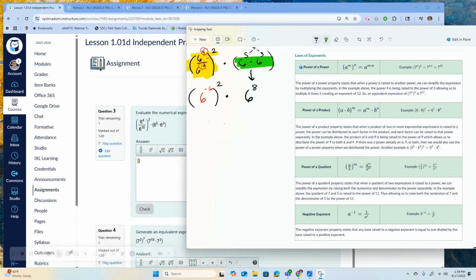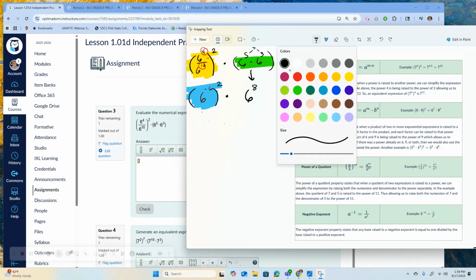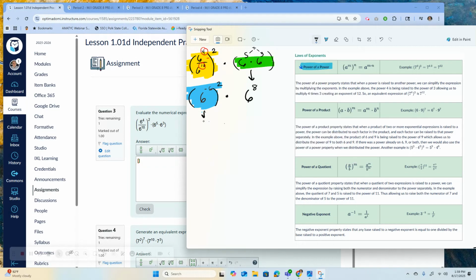However, I still need to get rid of this parenthesis here. Inside the parenthesis, I only have one base that has an exponent, and there's an exponent on the outside. When that happens, you are working with the power of a power rule. That basically says that every time you have a base raised to an exponent that is also raised again to another exponent, you keep the base.